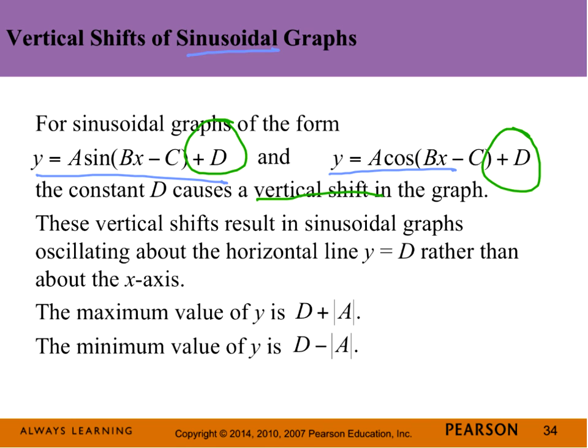So when we have our amplitude, if we've shifted vertically, then we have to add that shift onto our amount or our distance of our amplitude, length of our amplitude.